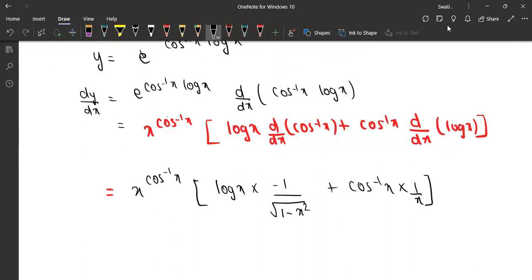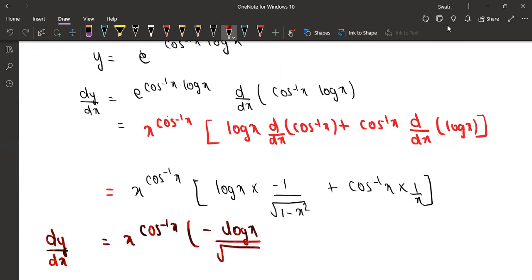So this was looking difficult, but it was not. It was simply again a formula based question. So therefore the final answer we are getting is dy dx is equal to x raised to cos inverse x in bracket minus log x over root 1 minus x squared plus cos inverse x upon x. And this is our final answer.